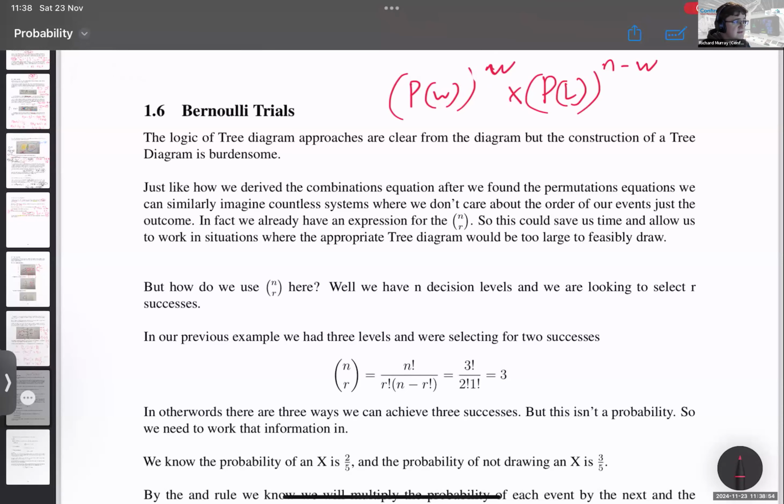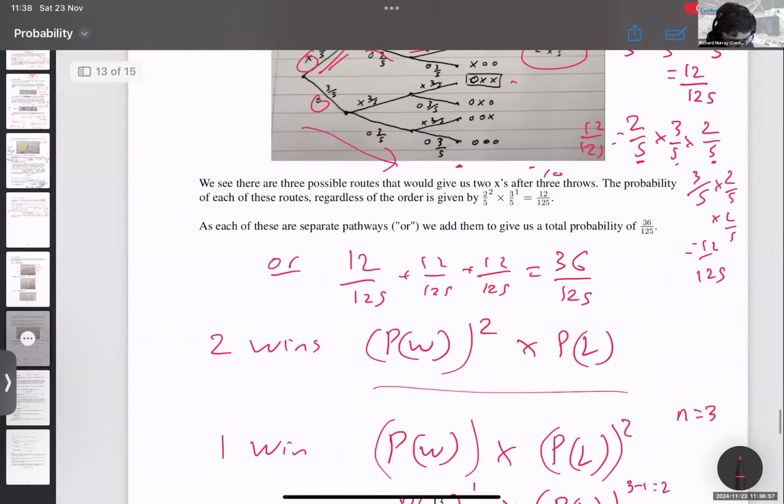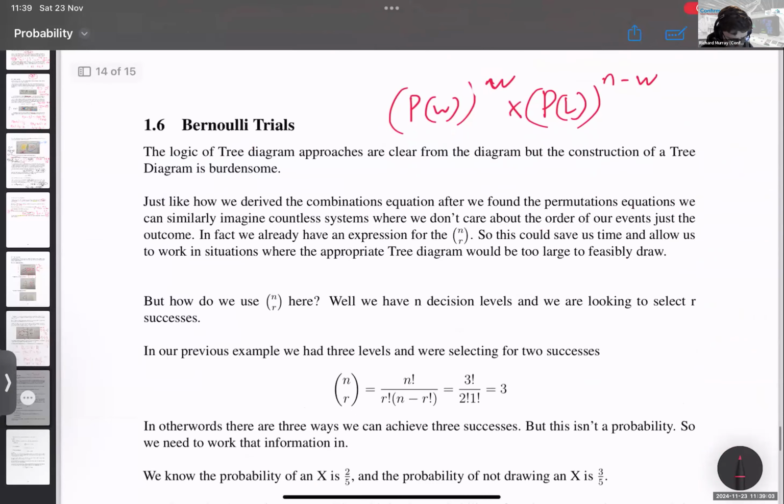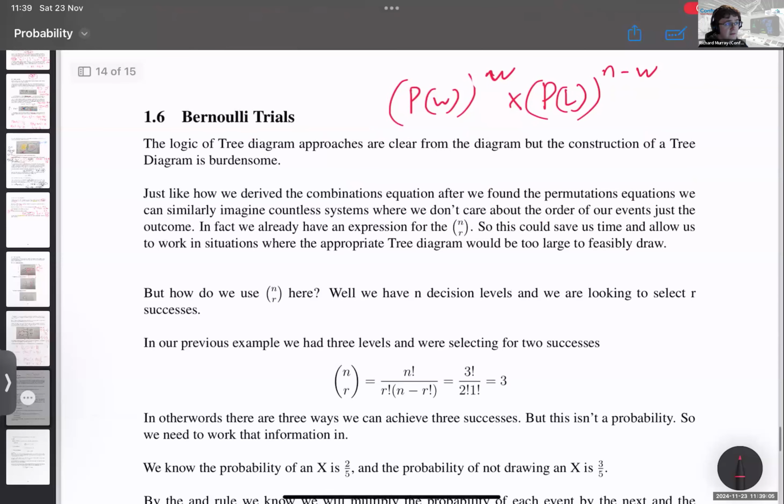We've already seen this, but the only thing we were missing there is counting the number of times we have our successes. But we had a tool already developed for counting the ways we can arrange events, where we don't care about the order, we only care about the occurrence.